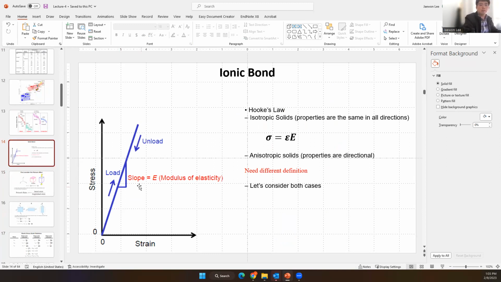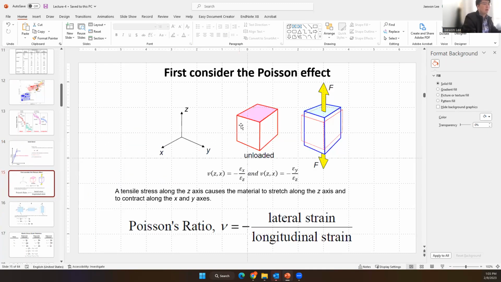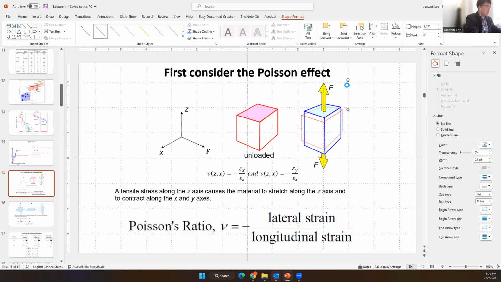But an anisotropic solid has different properties according to the phase. If we consider this phase and apply a force, the elastic modulus in this direction and this direction is very different.